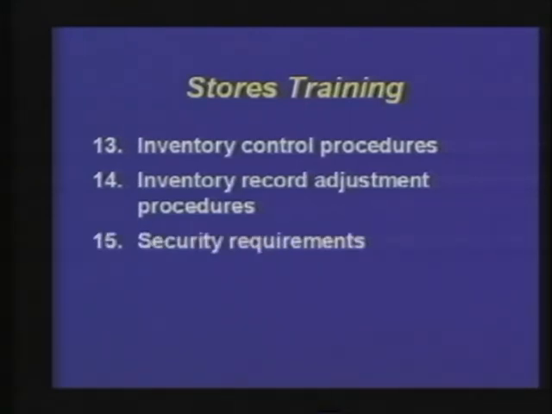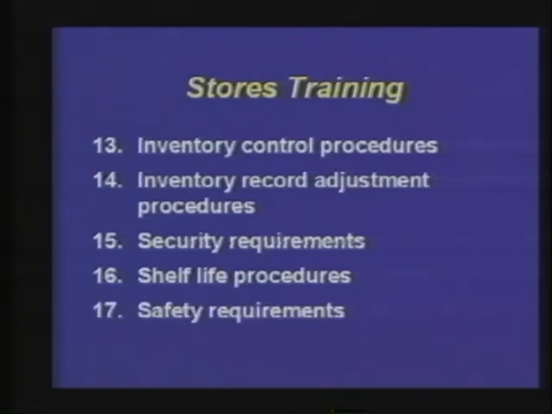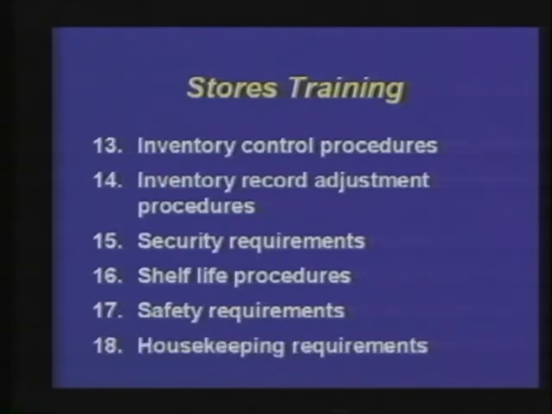15 is the security of the storeroom. And 16 are the shelf life code procedures and the subsequent disposition of items that have gone beyond the shelf life and that are still in the storeroom. And 17 are the safety requirements. And 18 are the housekeeping requirements.